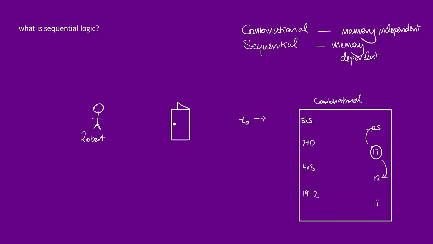So at time equals 0, the door is open, and after he executes the instruction, the door is going to end up being closed at t equals 1. So that's exactly what sequential logic is.